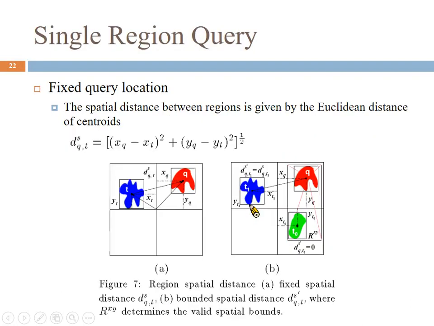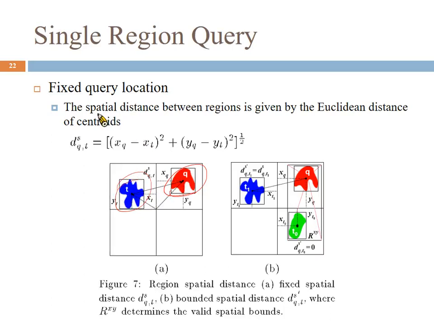The methods mentioned above are all based on color information. Right now we talk about spatial query. There are two types of spatial query. The first one is the fixed query location, which means we try to find the images that have a blue region at the left part and a red region at the right part, with the location similar to this setting.